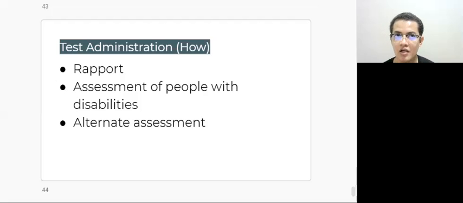For example, for a test taker who has difficulty reading, we might consider other assessment tools which are almost equivalent to the test used with normally functioning individuals.